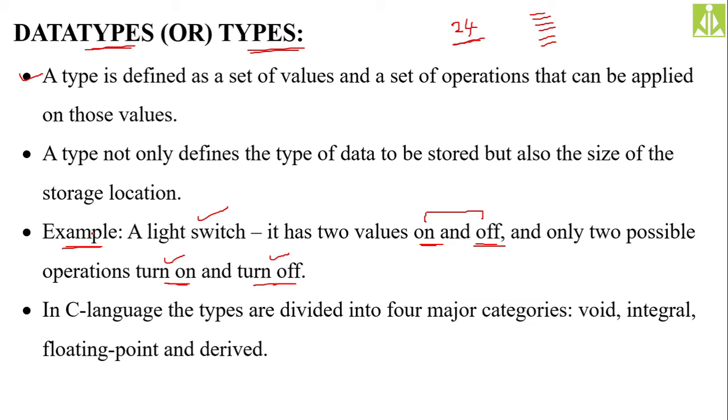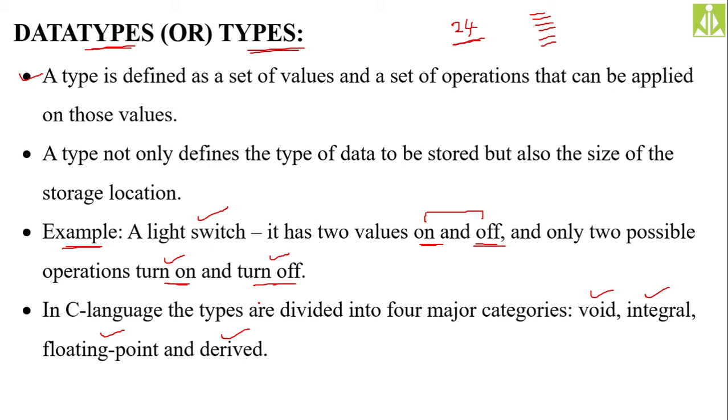In C language, the types are divided into four major categories: void type, integral type, floating point, and finally the derived type.